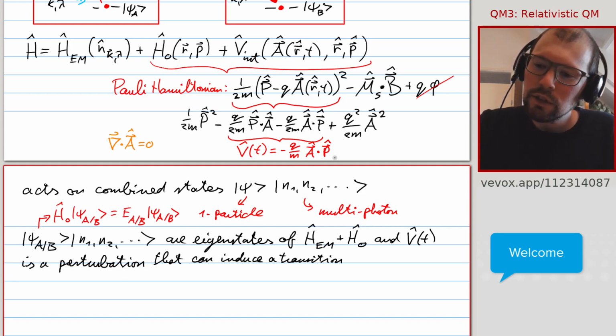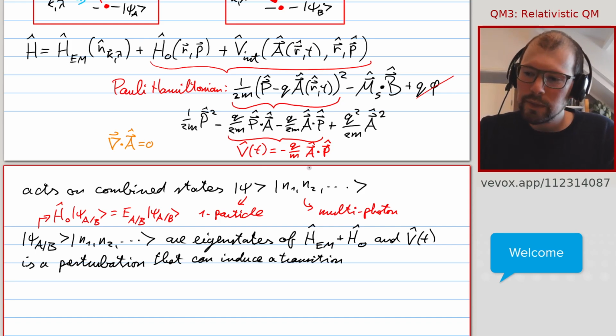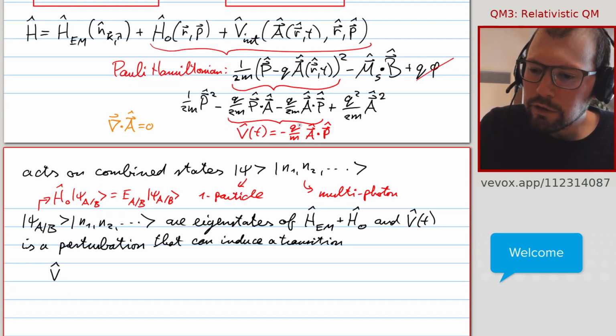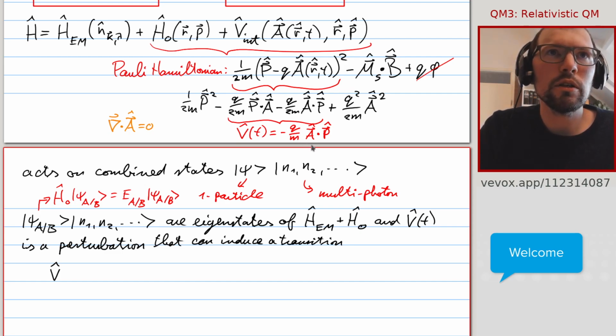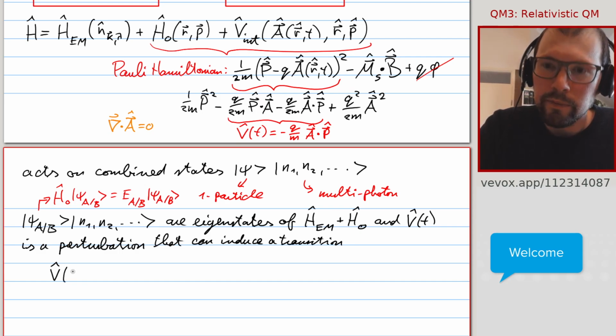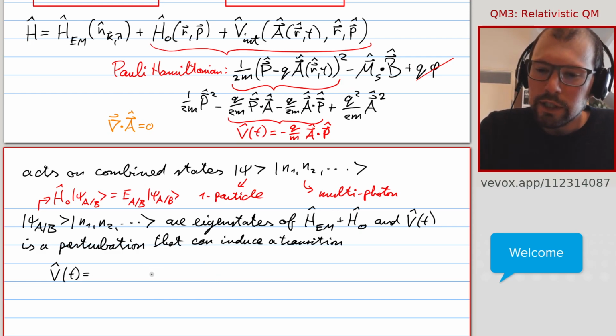So let's have a closer look at this perturbation operator V of t. And we can simply fill in what we know about the operator of the vector potential to see what it does. So what did the vector potential operator look like again?